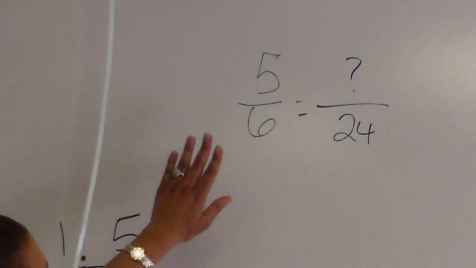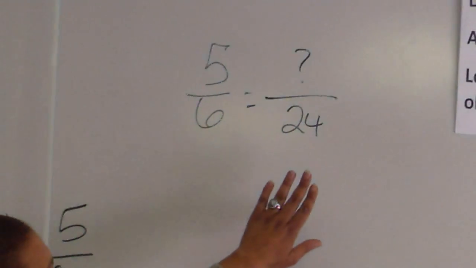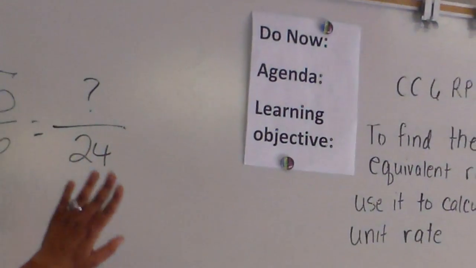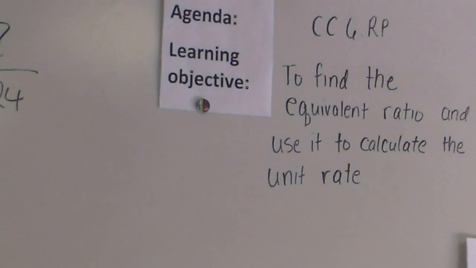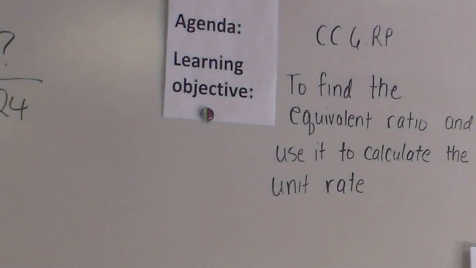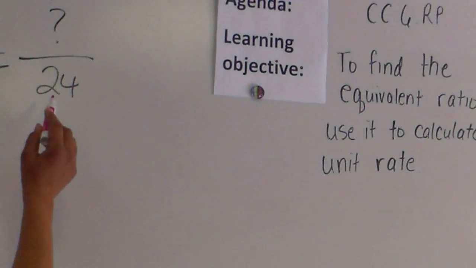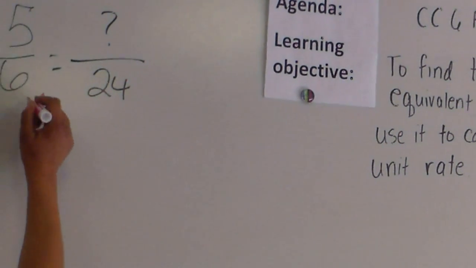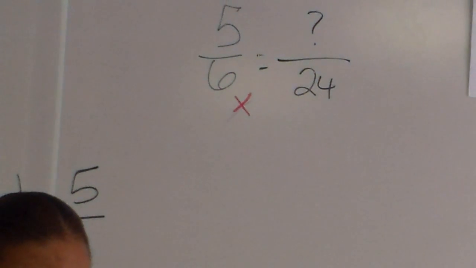On 286, the ratio of 5 to 6 is equivalent to some unknown number to 24. So how would I solve for the unknown number? 6 divided by what? Let's multiply. 6 times what equals 24?